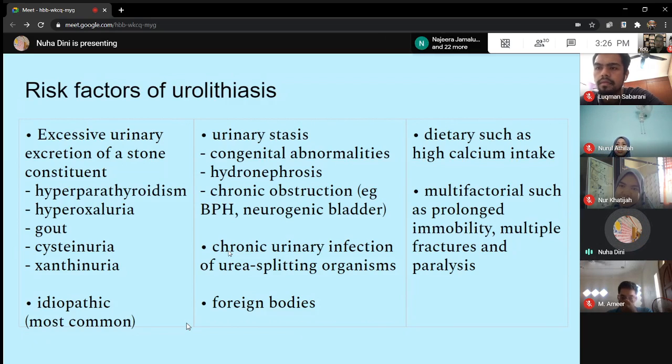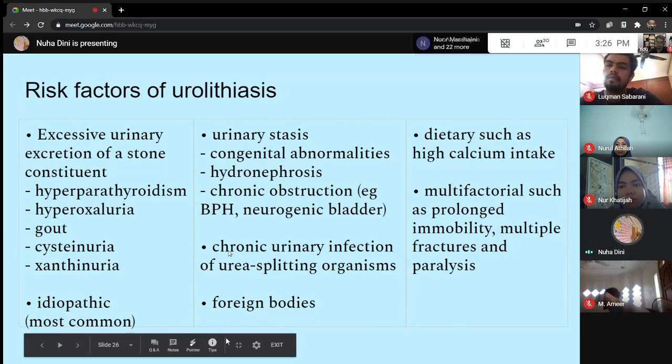Next, chronic urinary infection by urea-splitting organisms, and foreign bodies such as fragments of catheter tube or parasites. A foreign body can act as a focus for stone formation.